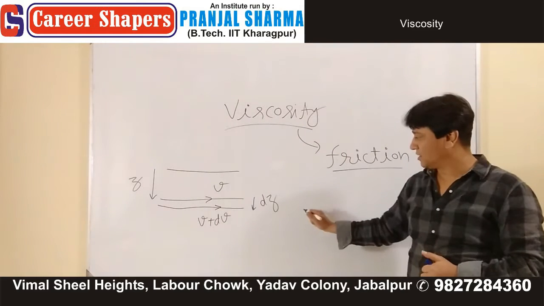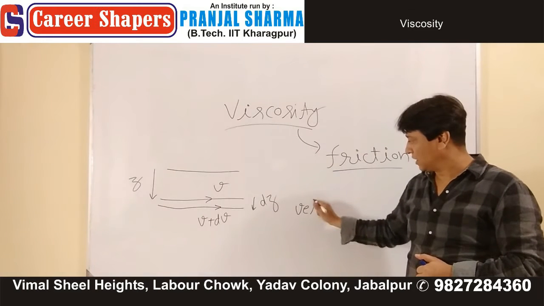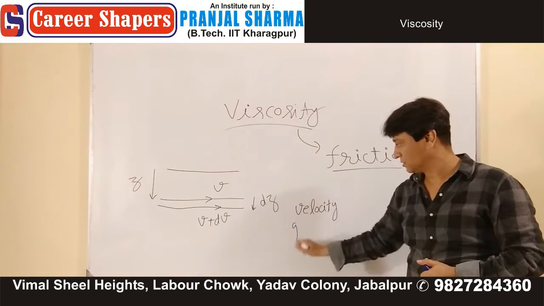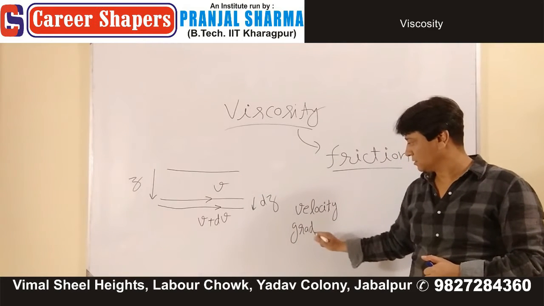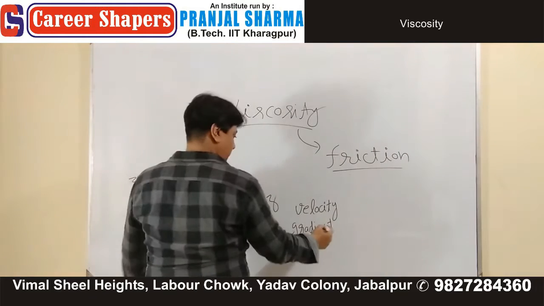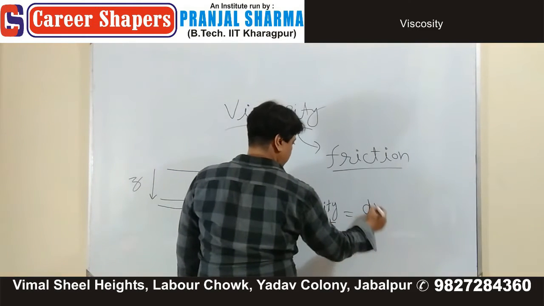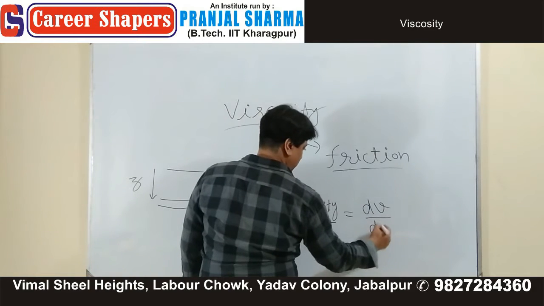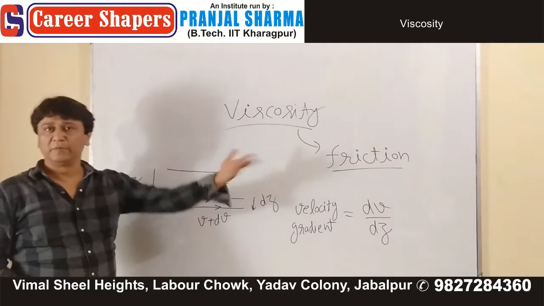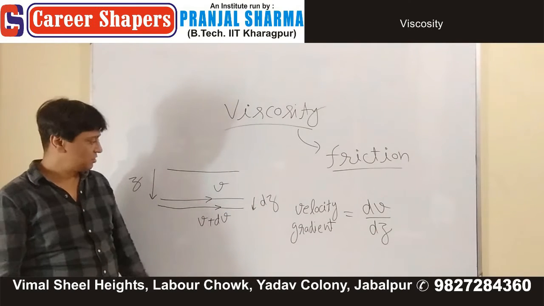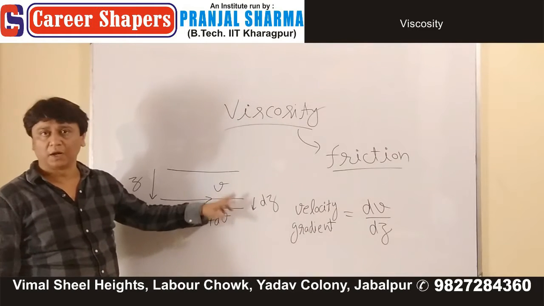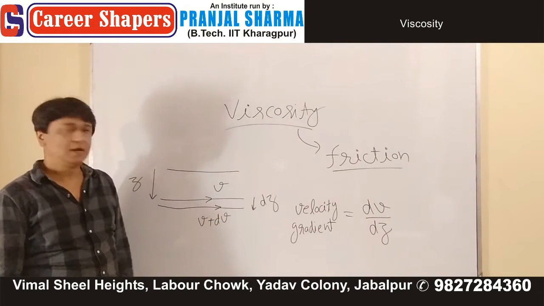Then we define a term which is called velocity gradient. Velocity gradient is dv by dz. Gradient means change divided by change: change in the speed divided by change in the vertical position. That's your velocity gradient.